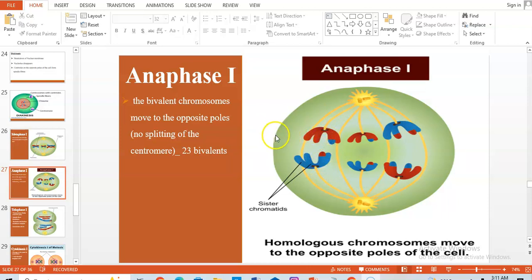Before, they existed as one homologous pair, but now they separate. At the end of the day, you have a cell with 23 bivalent chromatids, or 23 paired chromosomes, because the chromatids will later become chromosomes.